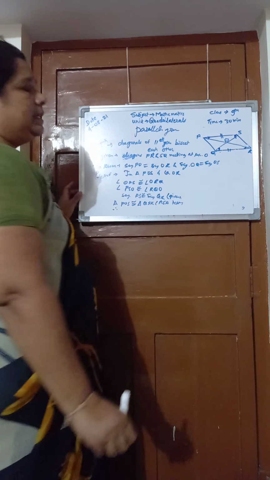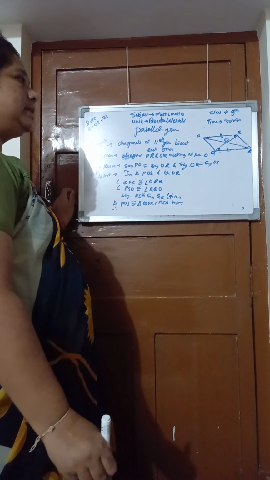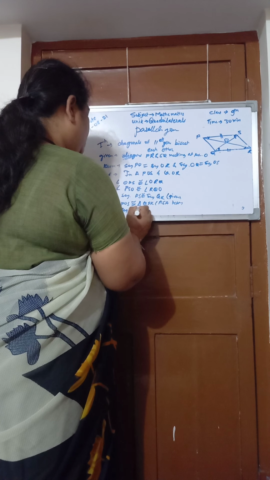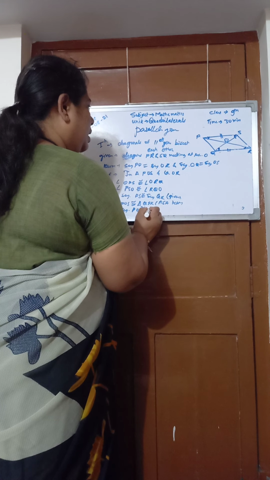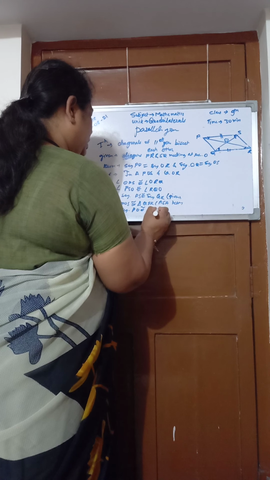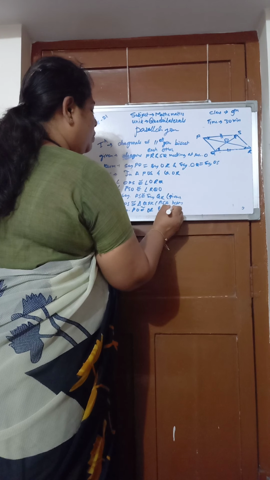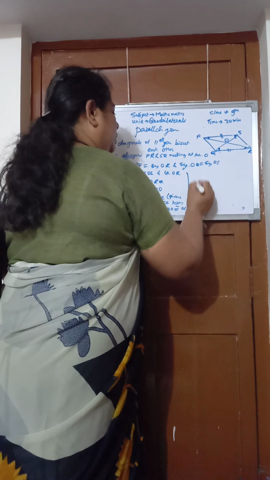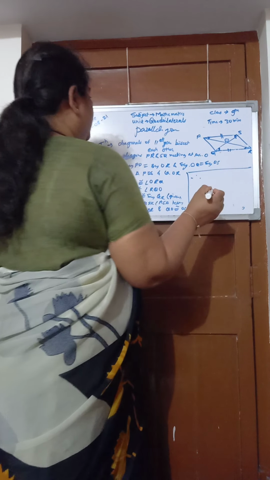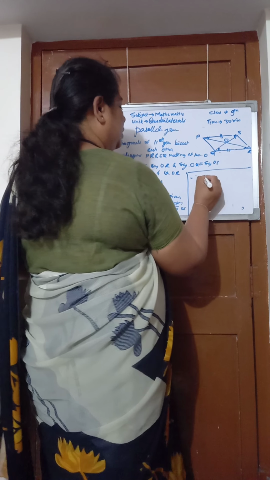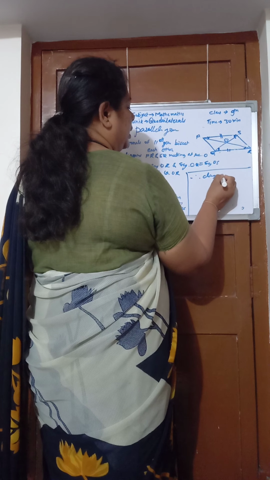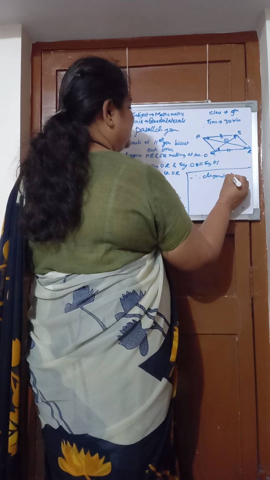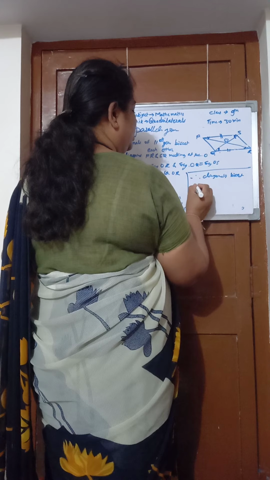Therefore, remaining sides and remaining angles will be same. It is segment PO congruent with OR and QO congruent with OS. Therefore, diagonals bisect each other.